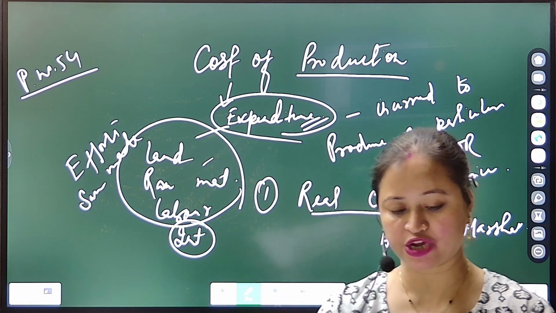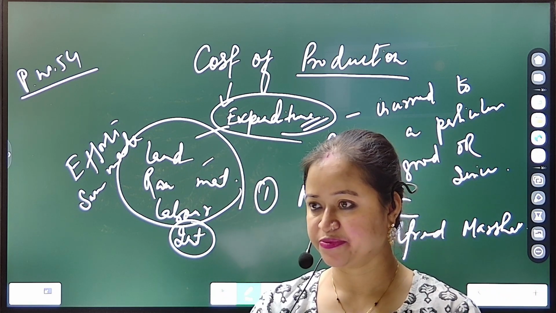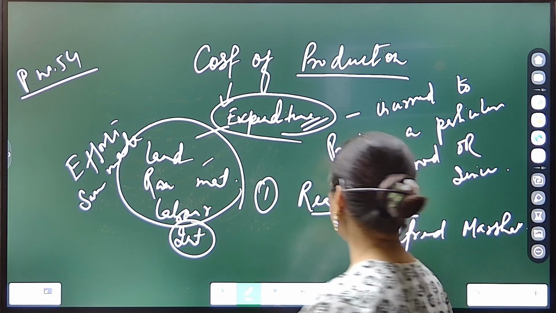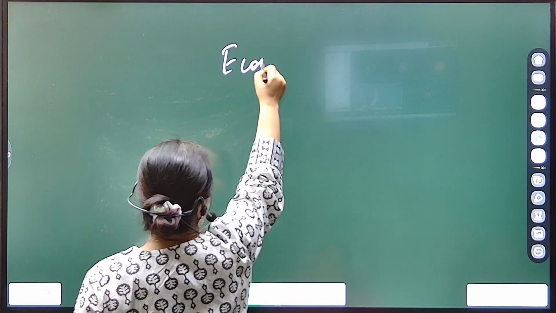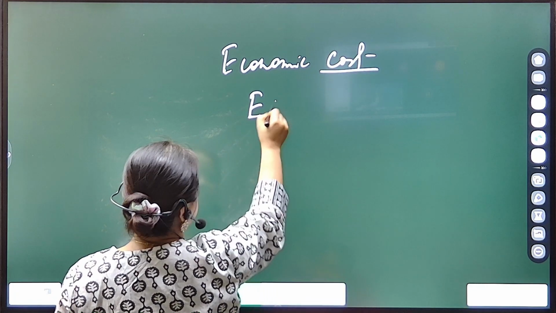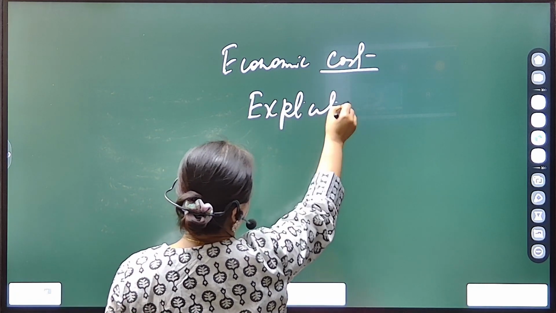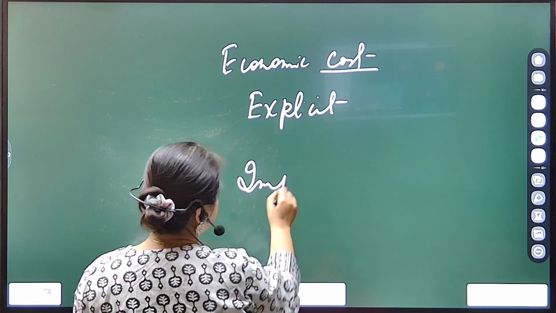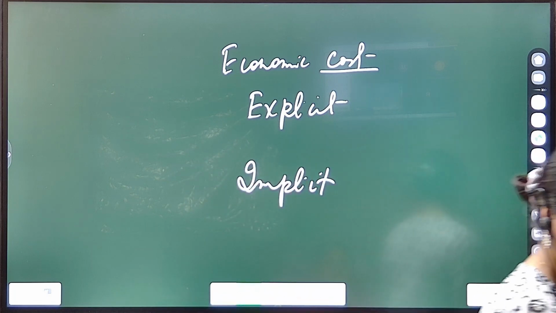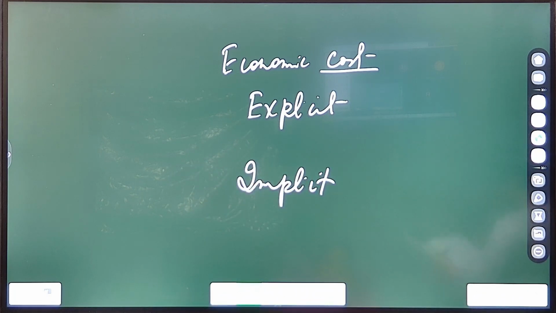So here we have economic cost: explicit and implicit cost. In economic cost, we have explicit, and another one is implicit cost. Okay? Explicit and implicit. What is explicit here? Actual payments made by a firm for purchasing or hiring resources are called explicit.